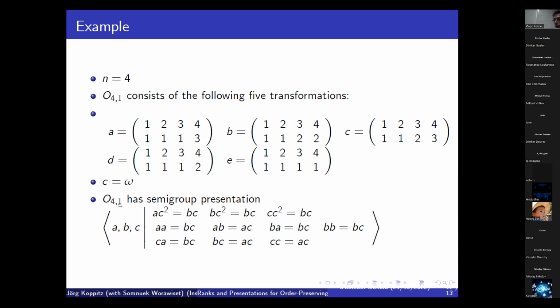That we have shown. And if we take the relations R1 and R2, then we get exactly these relations for our presentation. So this is a presentation of O for 1, and in this way we can find for every n the presentations for On1.